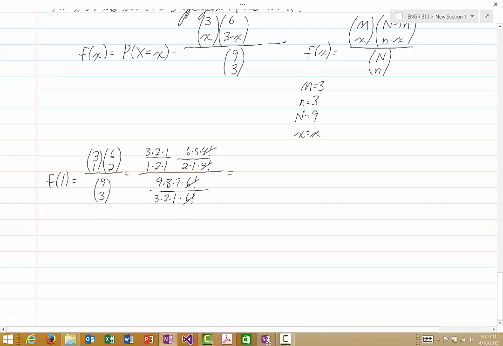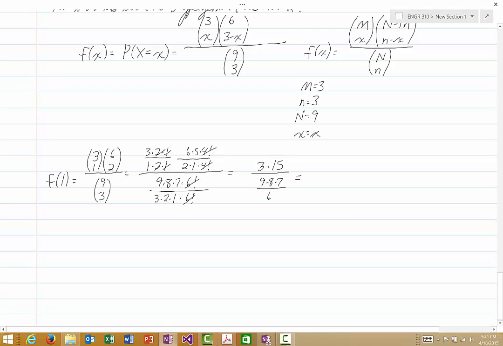2 will cancel, 1 will cancel, and so in the top we're left with 3 times, okay, 6 times 5 is 30 divided by 2, so we have 15, 3 times 15 in the top, and in the bottom we have 9 times 8 times 7 divided by 6.